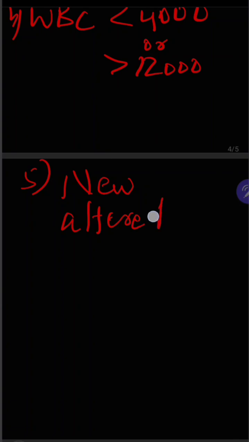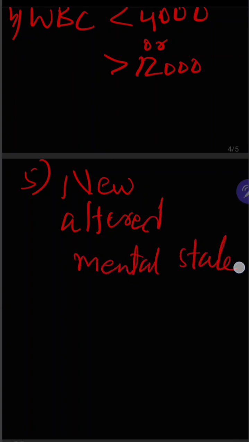And then the fifth point, this is very important, new altered mental state. This is the point where we don't concentrate. Suppose the patient's BP will be around 80/40, 80/60.